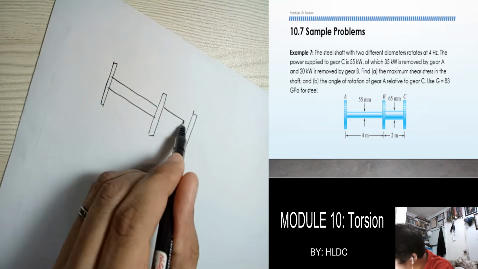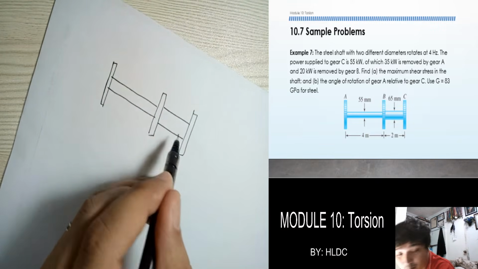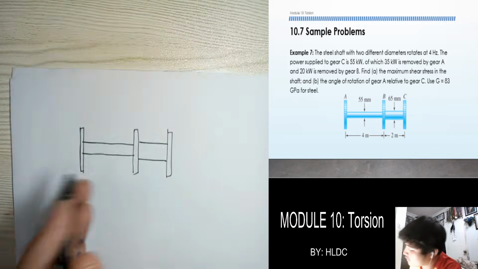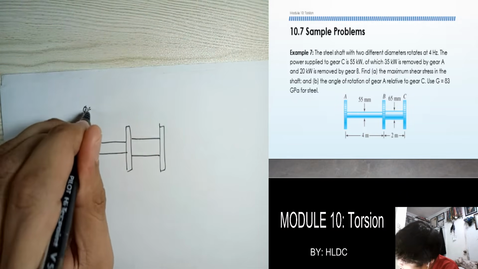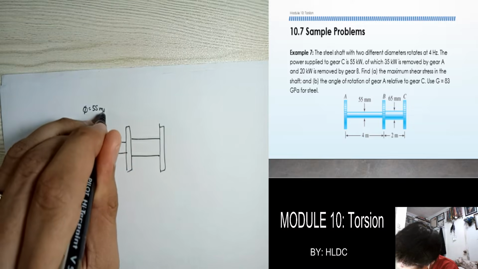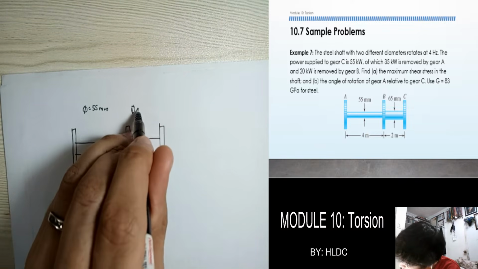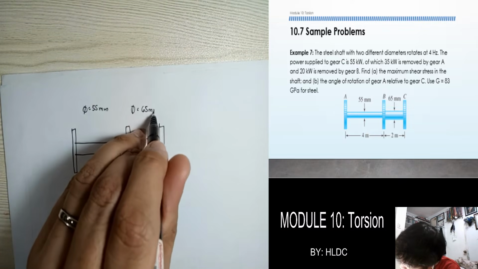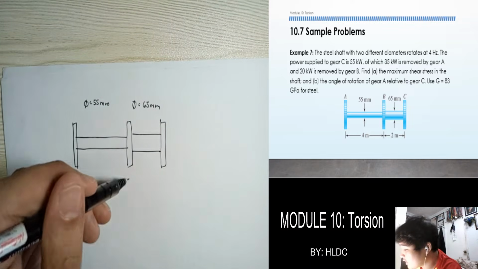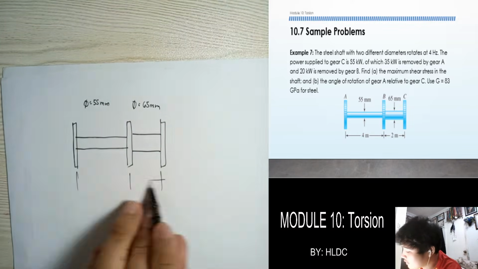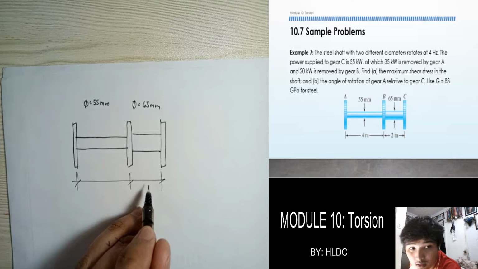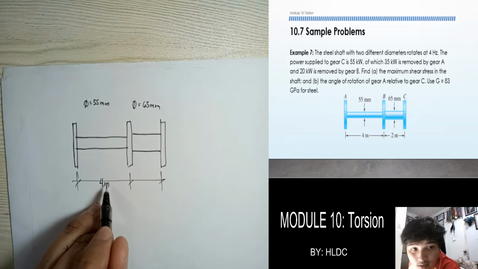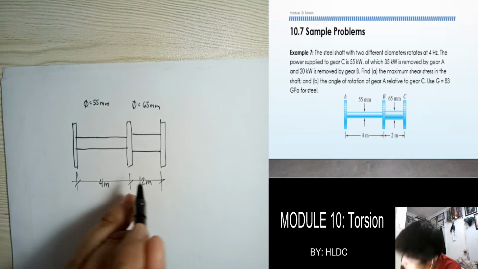Dito, 70 or 65. Okay, so, lagay ko lang diameter is 55 mm. Dito, 65 mm. And then, binigay din yung mga length. So, 4 and then 2.